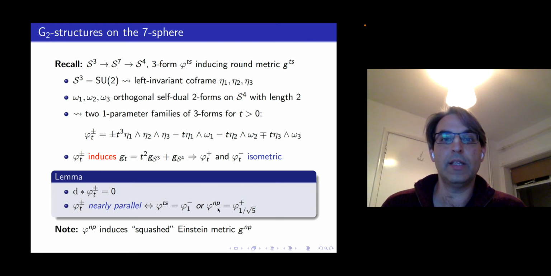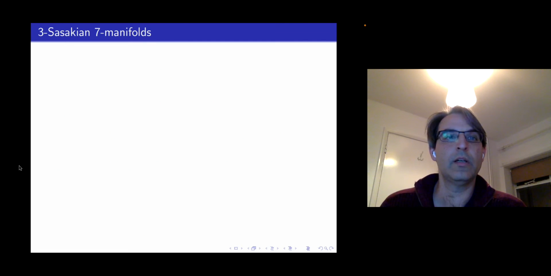So this is exactly what we need in the case of the 7-sphere, but we can do things more generally as follows. So we want to look at what are called 3-Sasakian 7-manifolds.